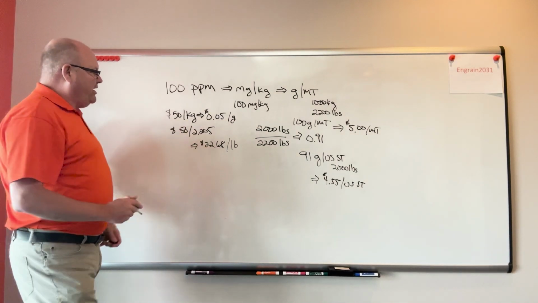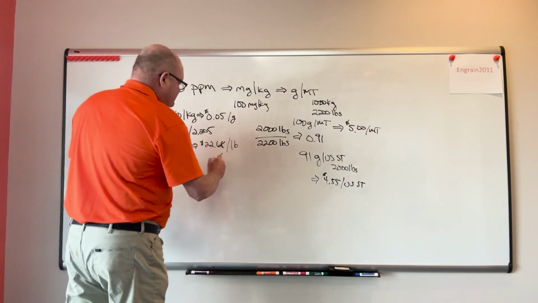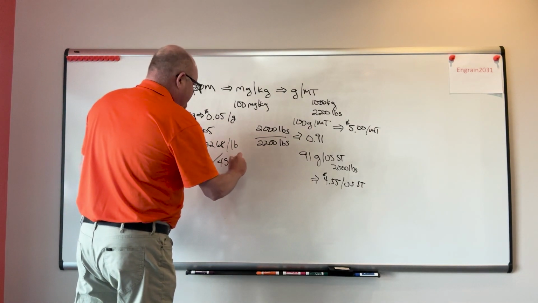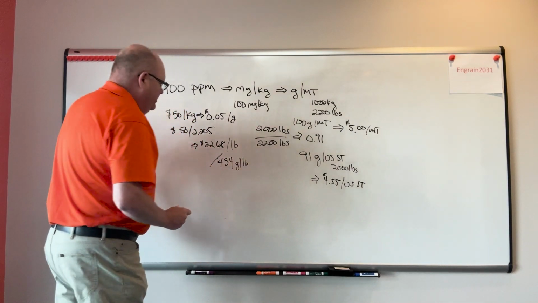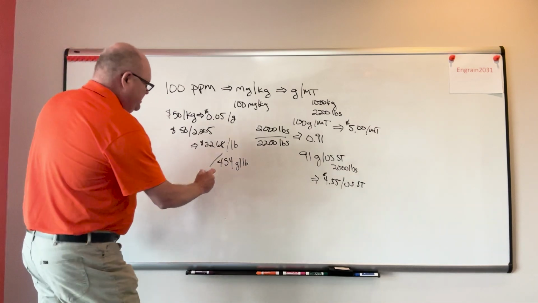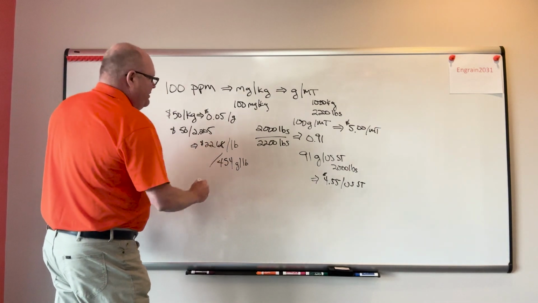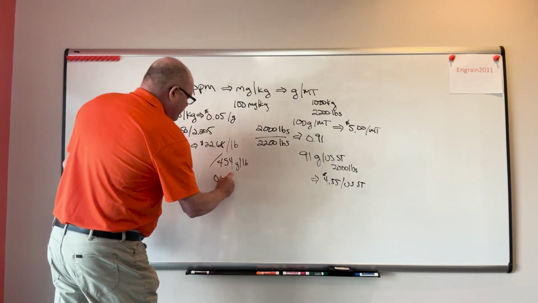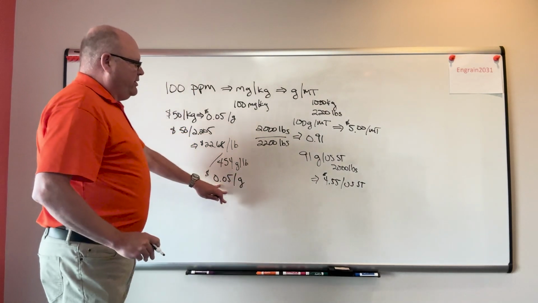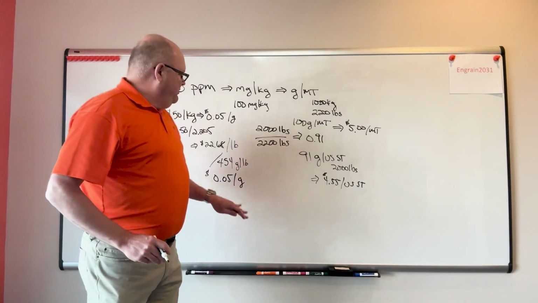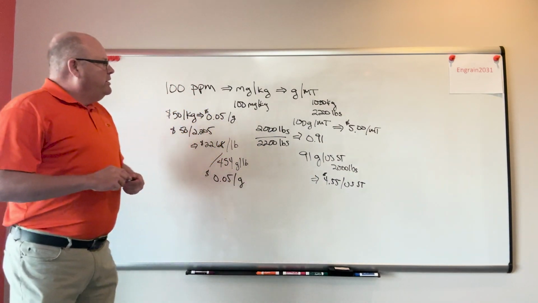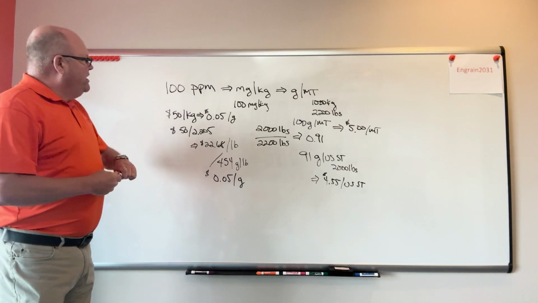Now if we want to take that on a per gram basis, we know there's 454 grams per pound. So we take 22.68 divided by 454, that would be 5 cents per gram. And if we take 5 cents per gram times 91, that will also give us $4.55. So you can work it a couple different ways.